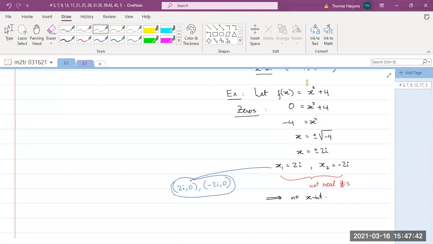This polynomial here is degree 2, therefore it has 2 zeros. But notice that we don't have x-intercepts.